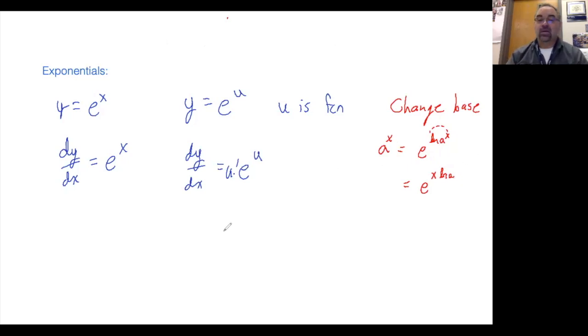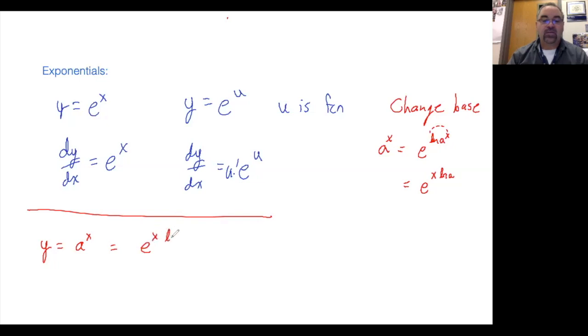So if my new function, let's just go down here, if y is a to the x, and we rewrite that as e to the x times natural log of a, then dy/dx is just e to the x natural log of a.